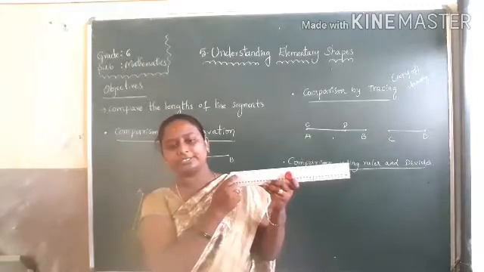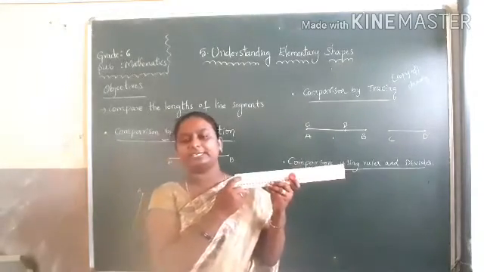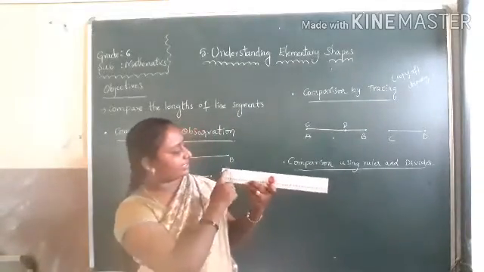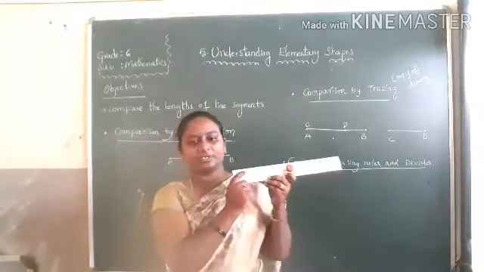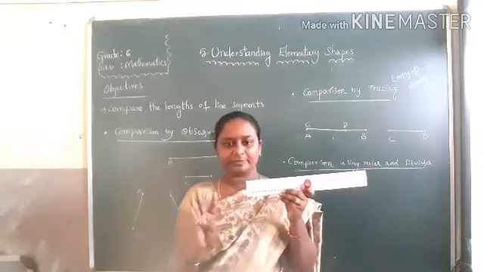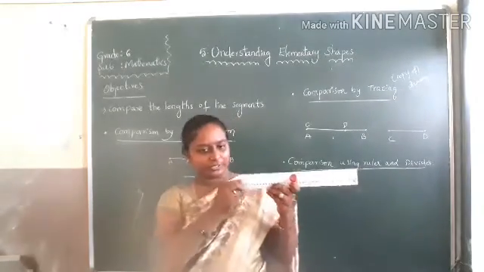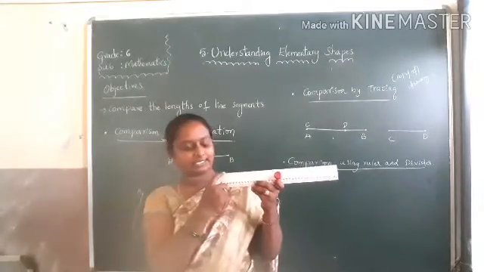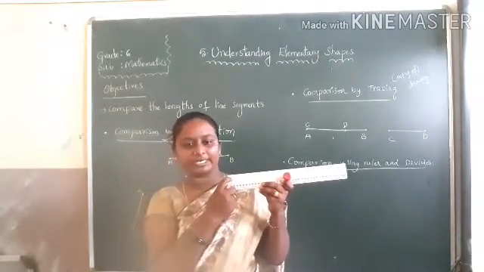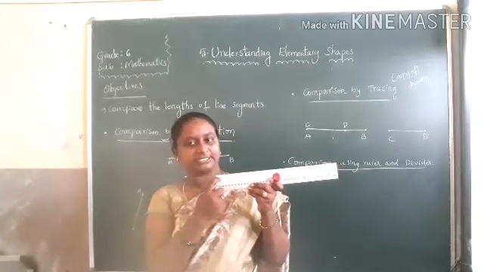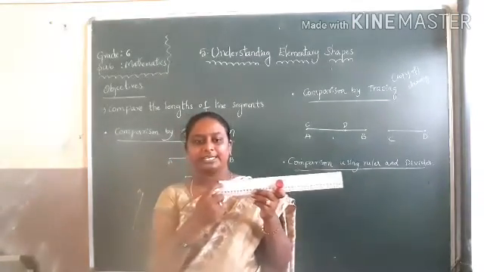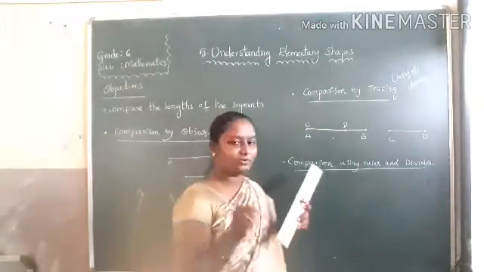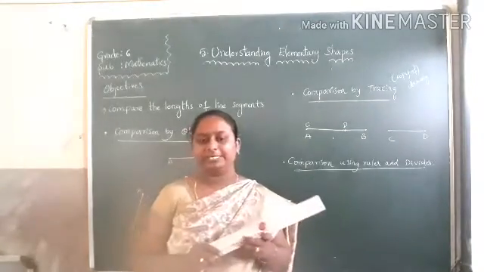Each subpart of the division of a centimeter is 1 millimeter. Each centimeter is divided into how many subparts? 10 subparts. Each subpart is 1 millimeter.